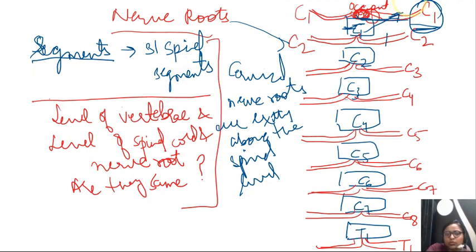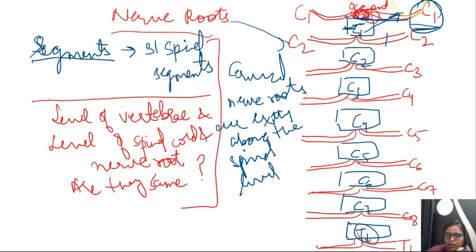Fine. So your cervical nerve roots are above the vertebral level, above by one vertebral level. And if we talk about the thoracic or below that, we have the nerve roots which are exiting below the vertebral level.